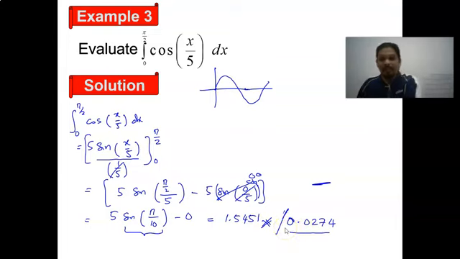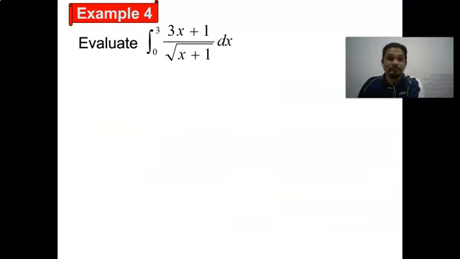Okay. So next, evaluate this one here. In this case, before we substitute the value of x equal to a until b, 0 up to 3, we need to solve everything first. What if I ignore the limits a until b for this case?